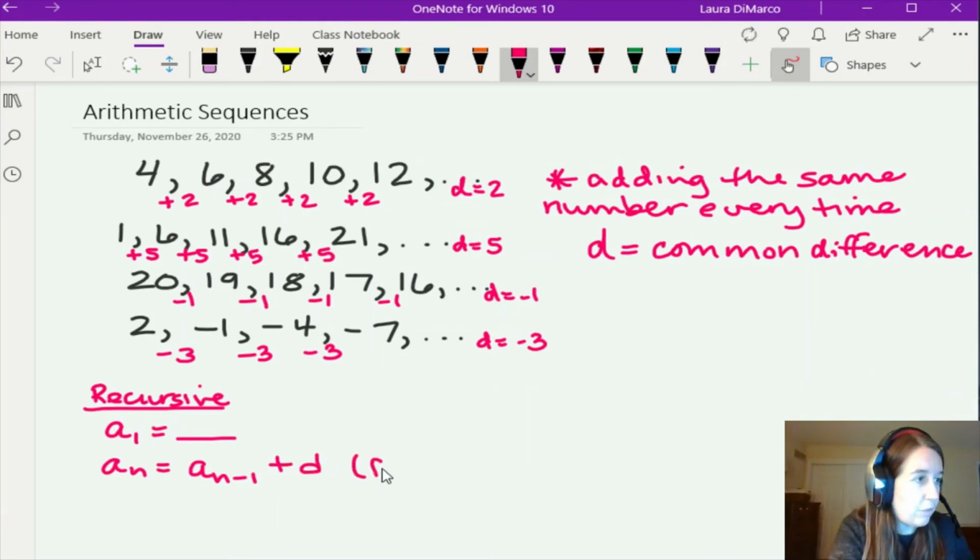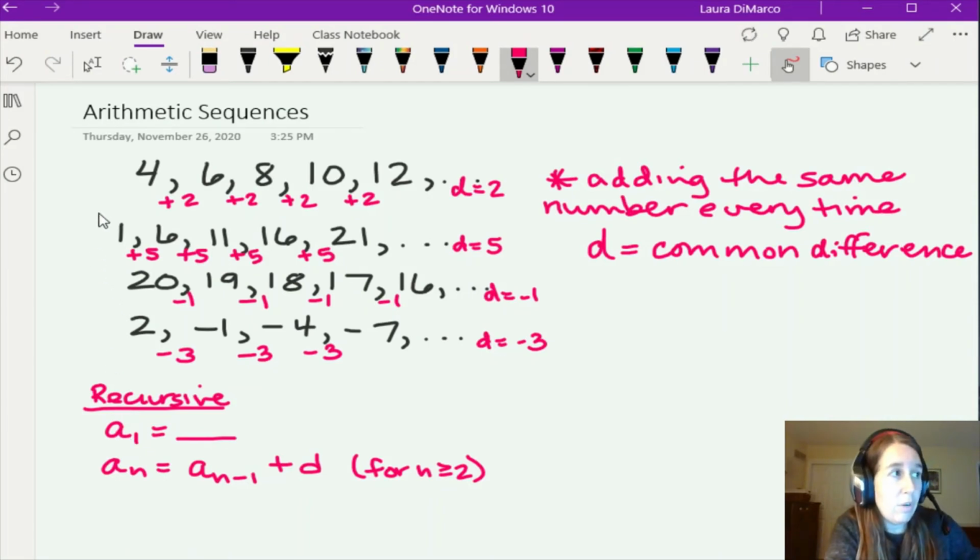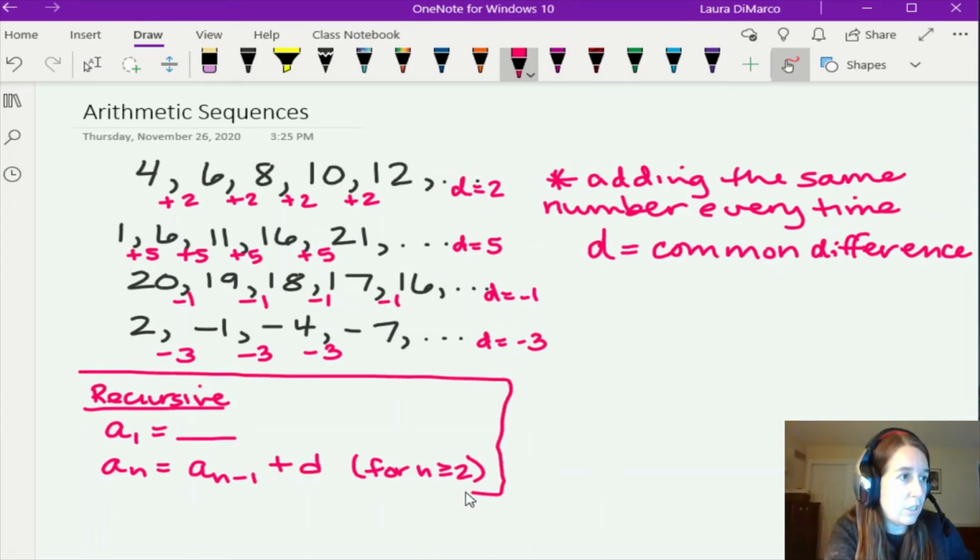And that's for n greater than or equal to 2. Because the first term really is where you're starting, and that could be anywhere. Notice I didn't start at 1 for all of these sequences, or 0, right? So, I started at 4. That was my choice where to start for each of these. So I have to define a sub 1, and then all the other terms are based on that previous term plus adding the common difference. So that is the recursive formula.